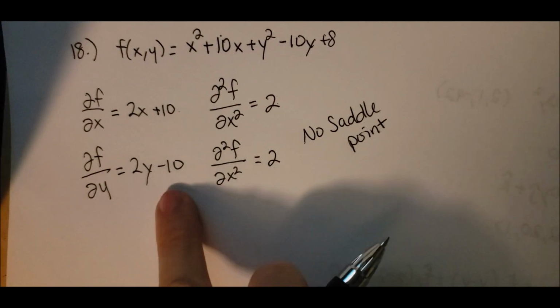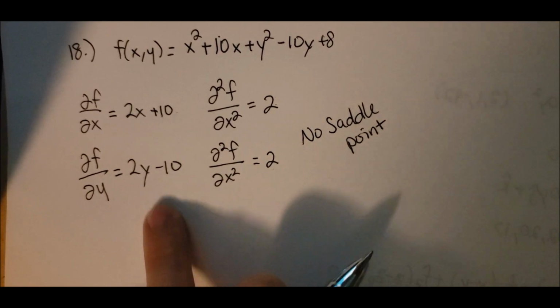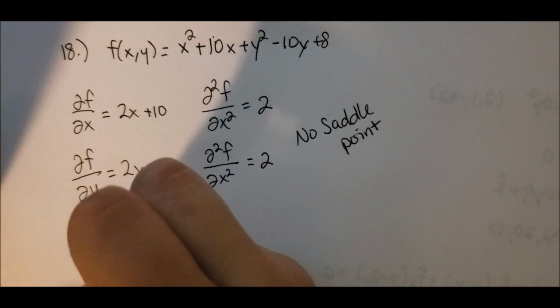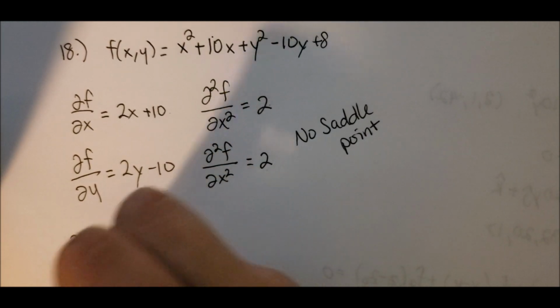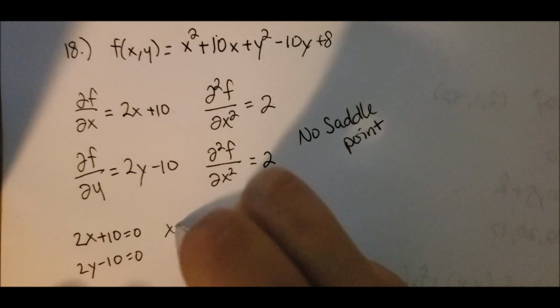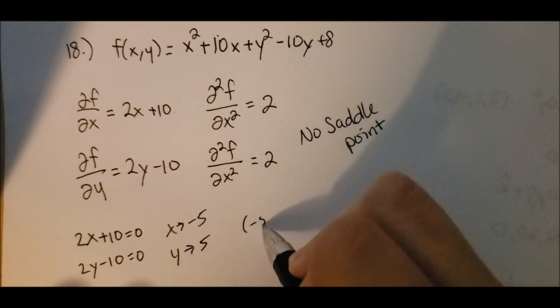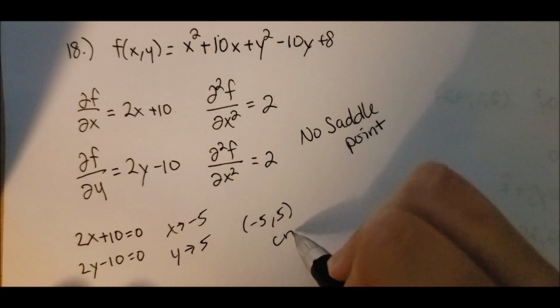So I'm going to look at the first derivative to find the critical points. So x is -5, y is +5. So (-5, 5) is a critical point.